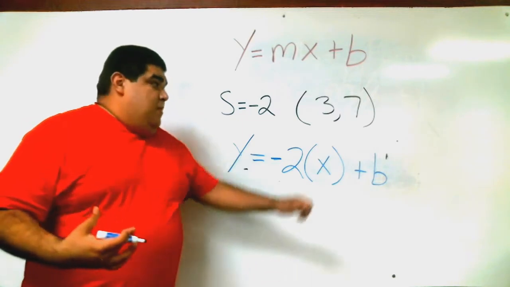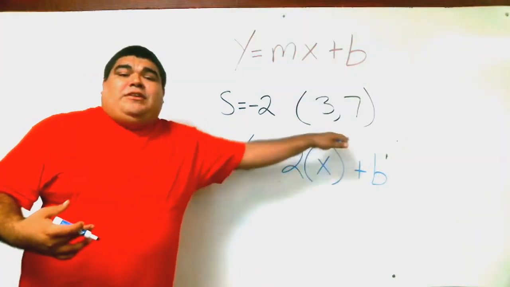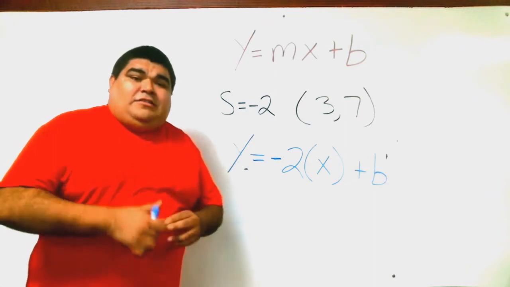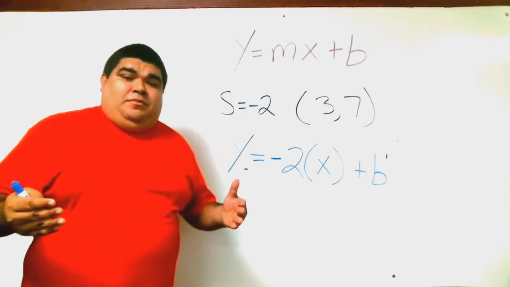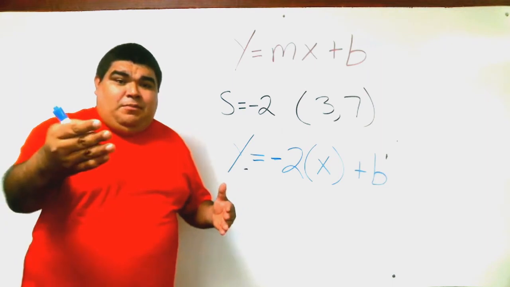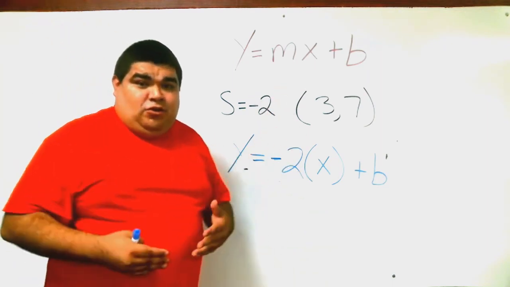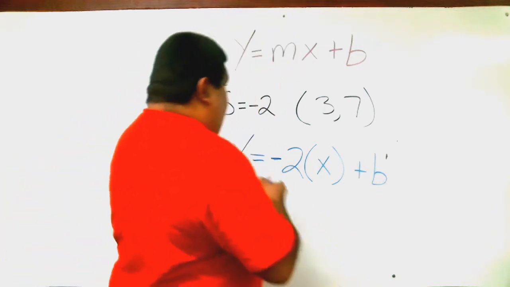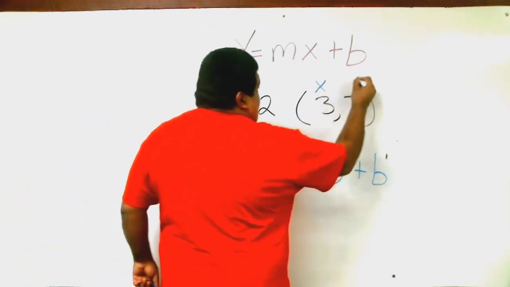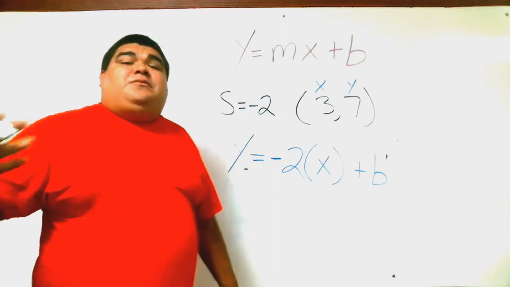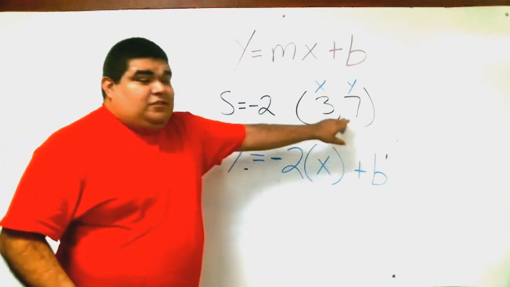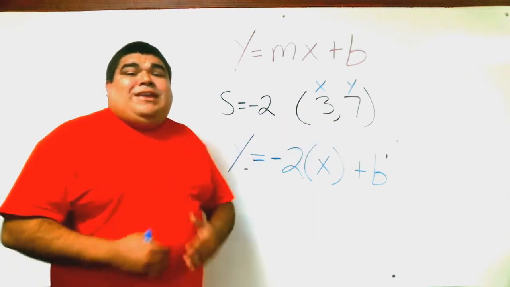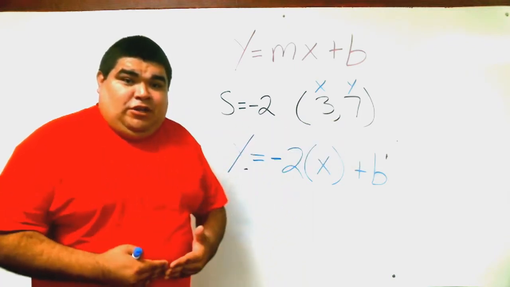Notice we have this coordinate, this point, that the line passes through. What is the thing we always have to do first? Label it, right? Make sure we don't mistake the x and the y. We have x first, then y, because x comes before y in the alphabet. Now that we have x and y, we can plug them into the equation.